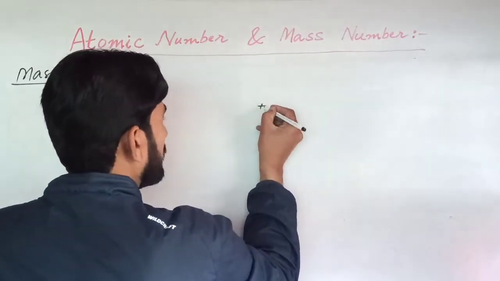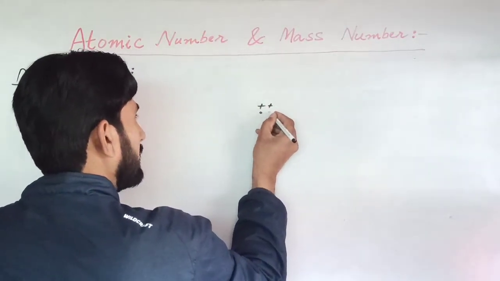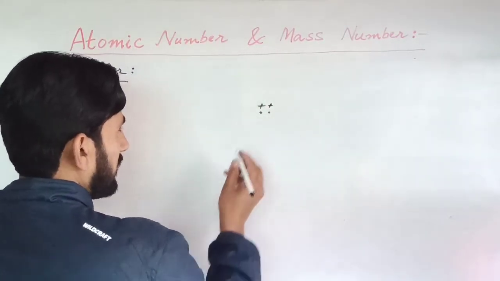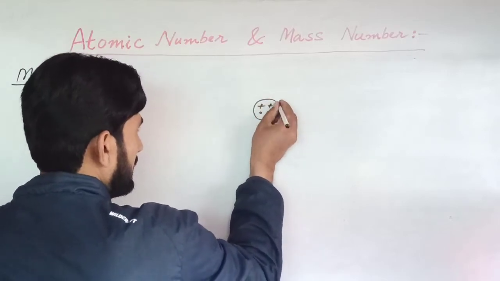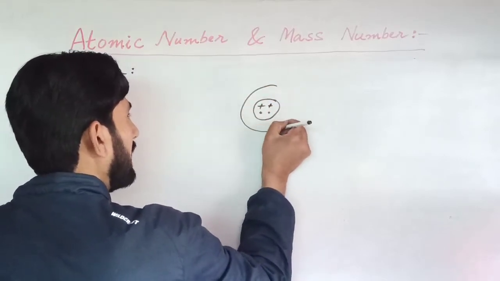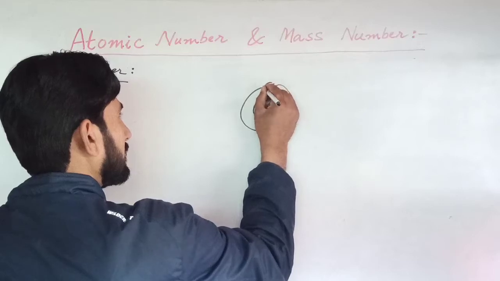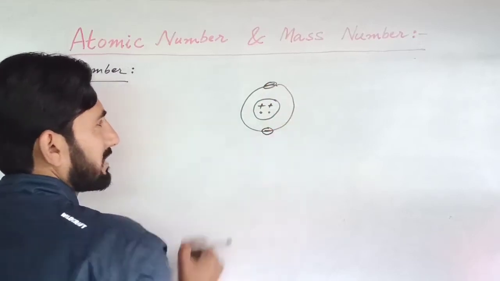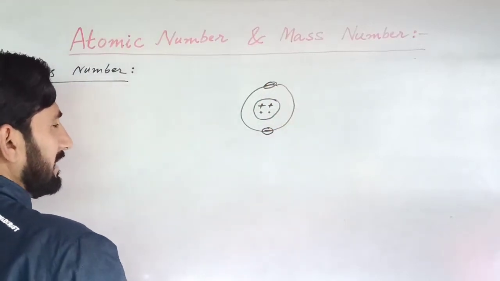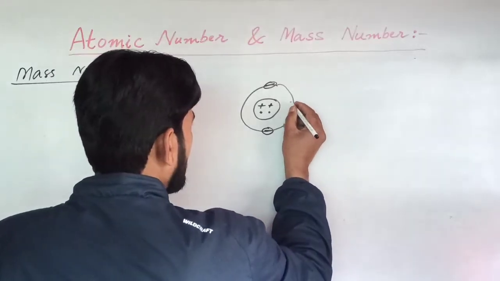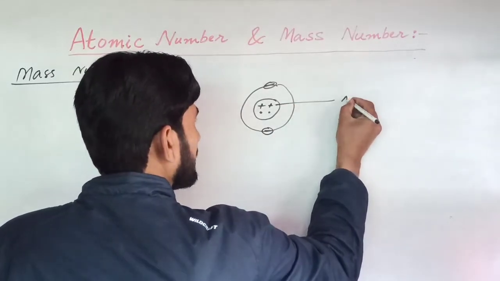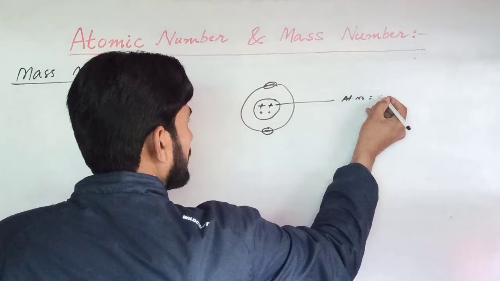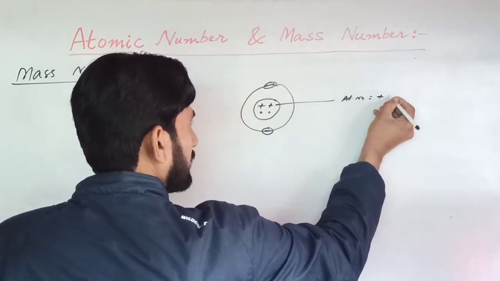Suppose an atom has 2 protons and 2 neutrons in the nucleus and 2 electrons in the extranuclear part.